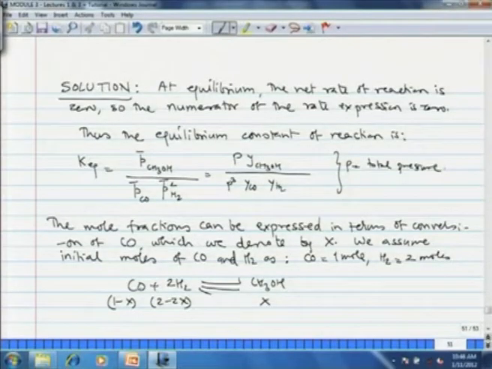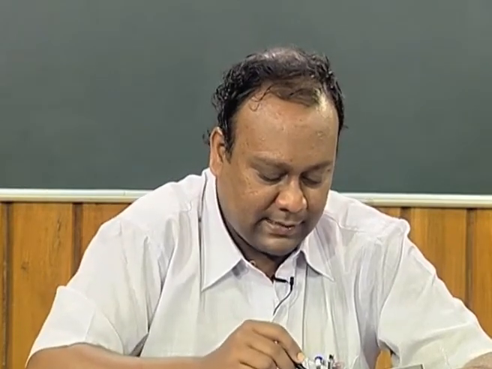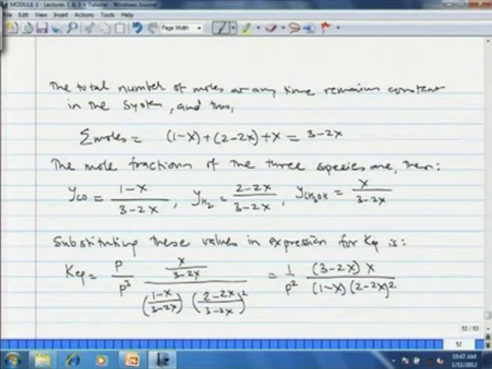So, CO after conversion of X moles, the moles of CO that remain is 1 minus X, then similarly for H2, 2 minus 2X, and CH3OH, X. Now, the total moles in the system are 1 minus X plus 2 minus 2X plus X, carbon monoxide, hydrogen, methanol, that is 3 minus 2X.